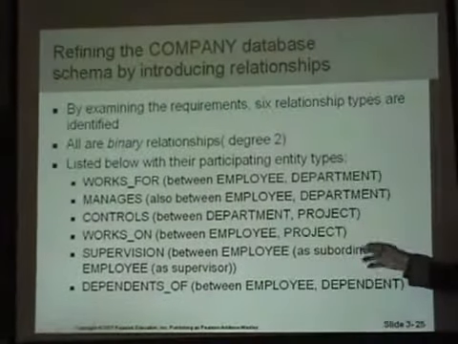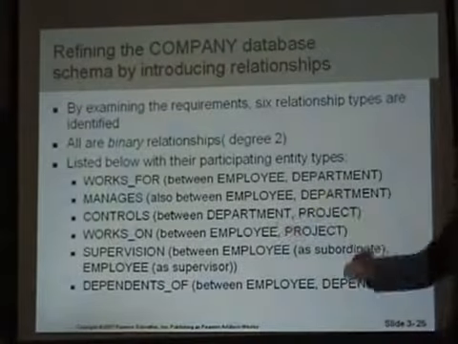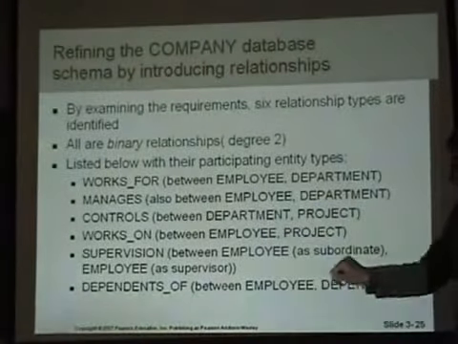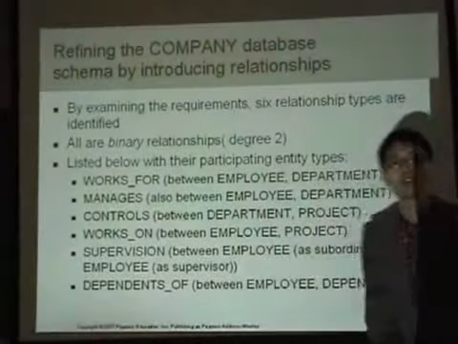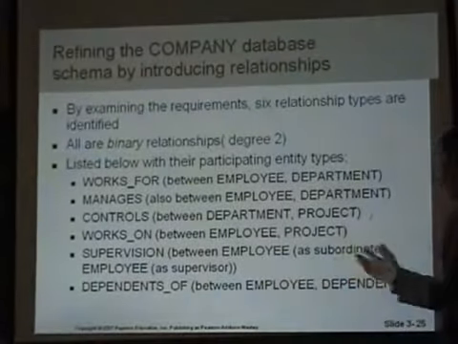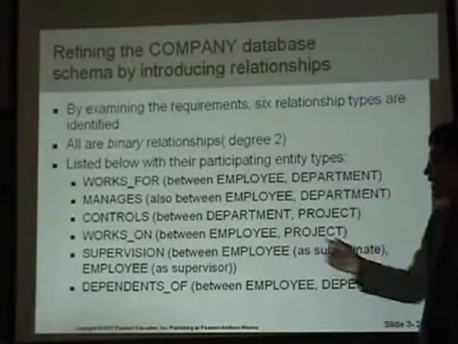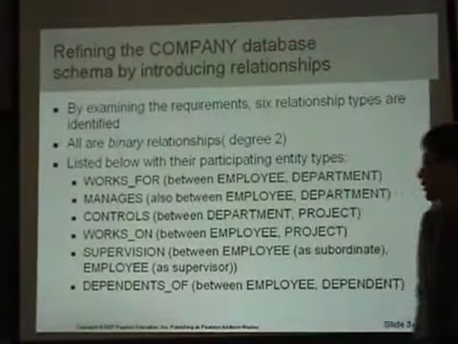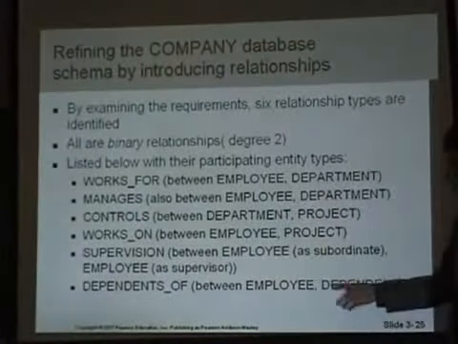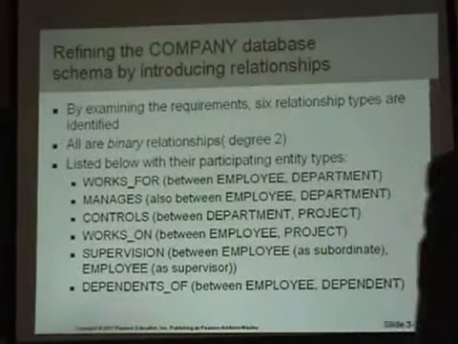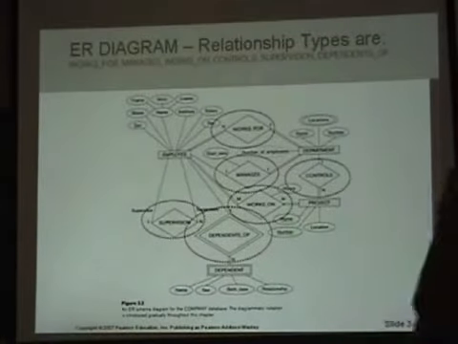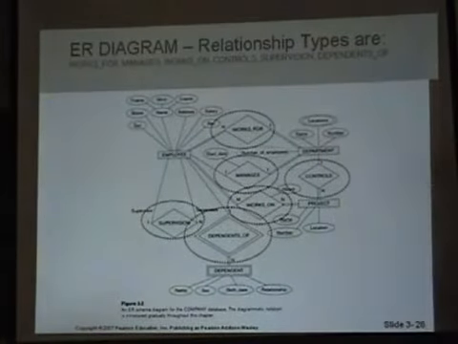We will see department, project, control. Employee, project, and so on. Employee and employee: one stands for supervising, and another one is for supervisor. Employee and dependent. And finally, we can have such a nice ER diagram.